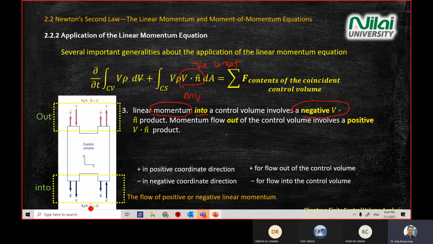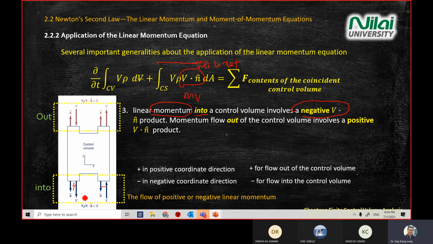What do we mean by rho v dot n hat? This one is your linear momentum. This one, the whole product, is for your control surfaces. When you have an inlet, it will become a negative value. If you can see the blue color here, if you take the velocity times the n hat, you'll get a positive momentum. If you take this n arrow times this v arrow, you'll get negative.